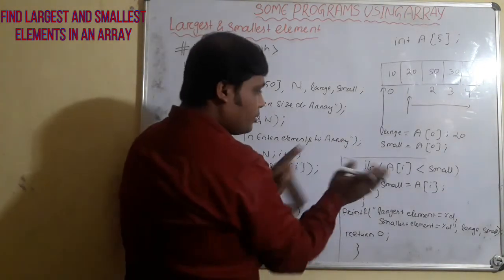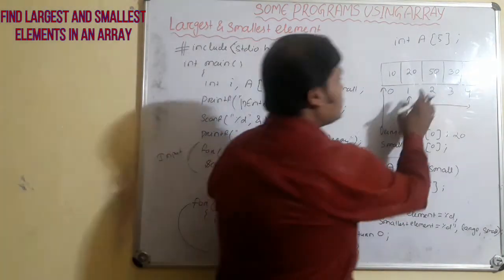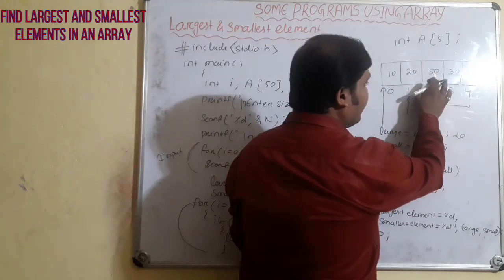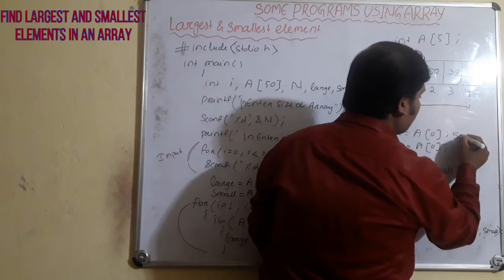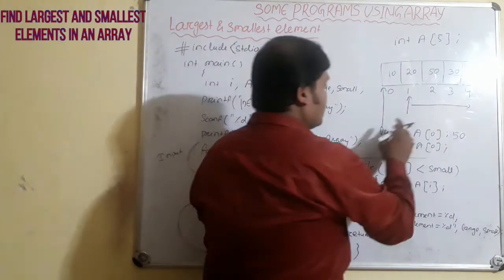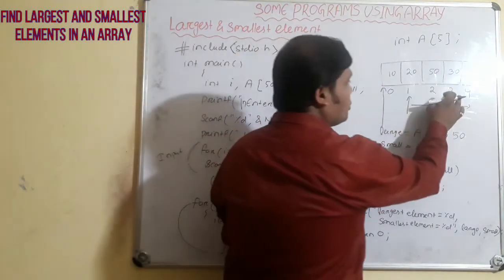So if a[i] is greater, only for large I am taking; after this we will check for small. Is a[2] greater than my large? Yes, so my large will be a[2], that is 50. Next i will be 3.